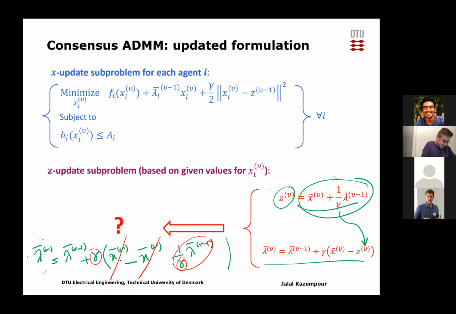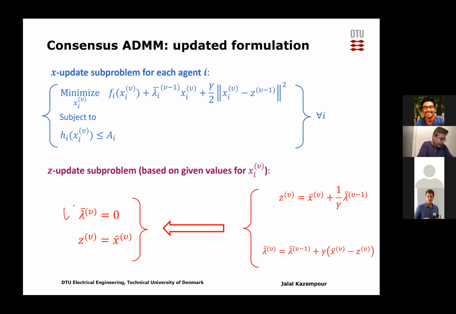And then this term and this term cancel out each other. At the end of the day, lambda bar in iteration nu is equal to 0. Exactly. So lambda bar in the current iteration is equal to 0. And if it's equal to 0, then z in iteration nu is just equal to x bar in iteration nu.